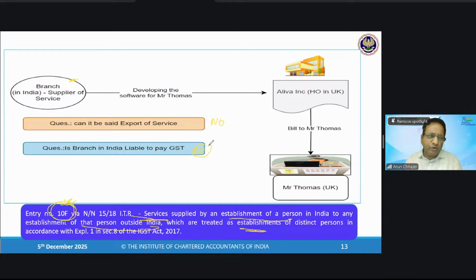Can we say both are the same? If you were making it taxable, I could say that because it is not zero rated, you need to pay the tax. Now you are saying it is not zero rated, fine, but it is exempted also. Then what is the problem? Think and then give me the answer.